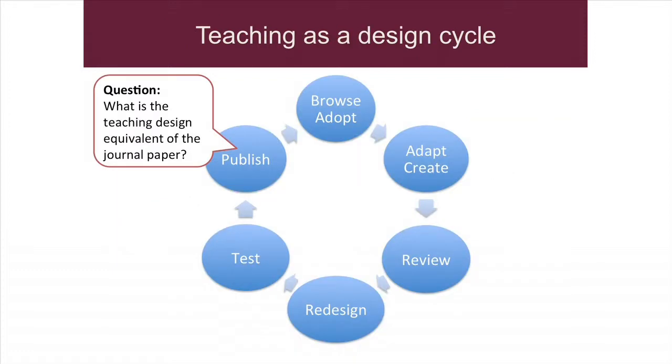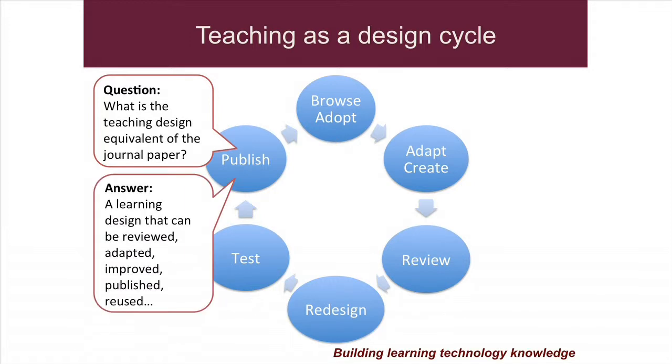So to summarize then, seeing teaching as a design cycle, if we ask the question, what is the teaching design equivalent of a journal paper? Then the answer could be a learning design that can be reviewed, adapted, improved, published, and reused. And in that way, we can build together the learning technology knowledge that we're all going to need.